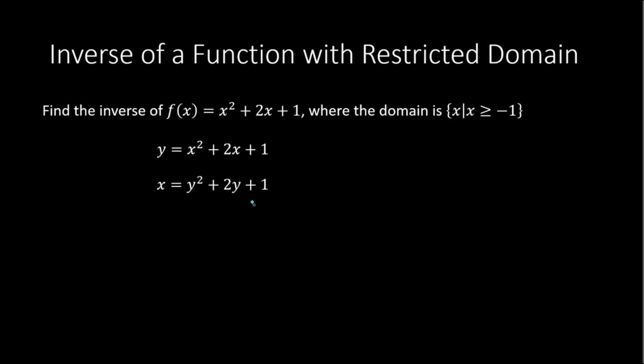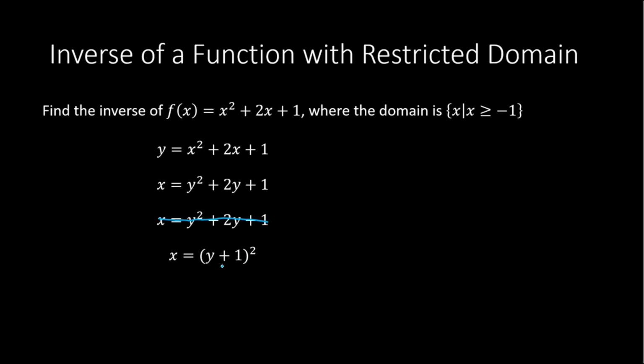This works pretty nicely because this right side is a perfect square trinomial. So we can factor that to get x equals y plus 1 squared. Which, by the way, if it's not a perfect square trinomial, you have to make it into one. So you may have to add something to both sides to make this work.